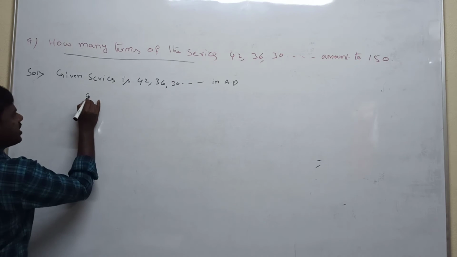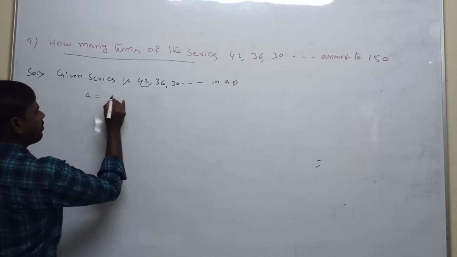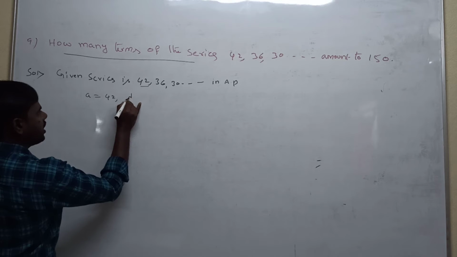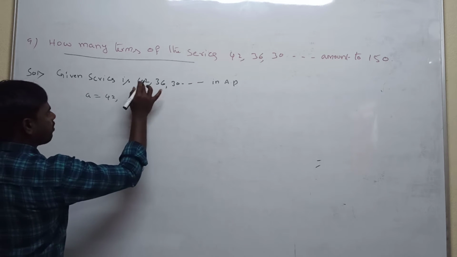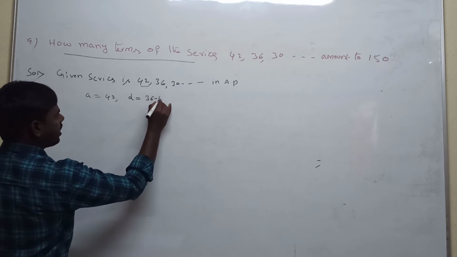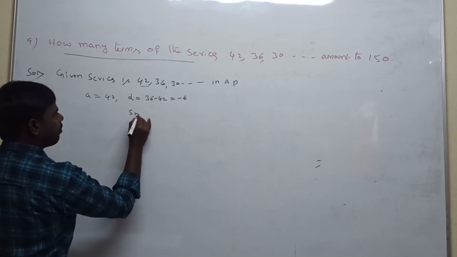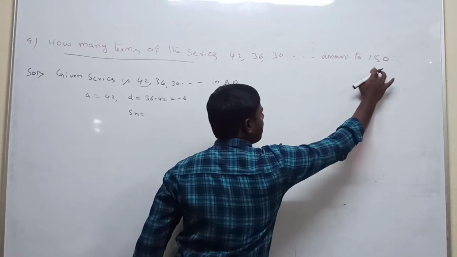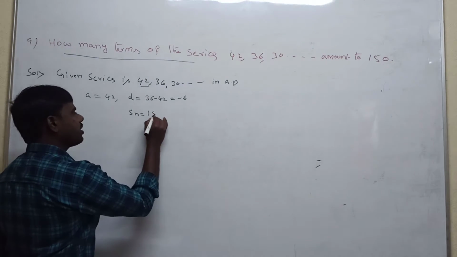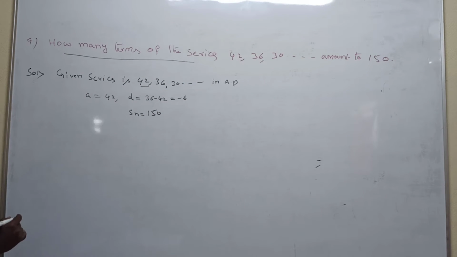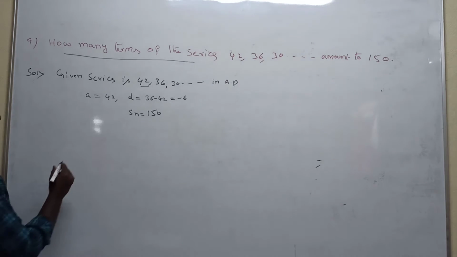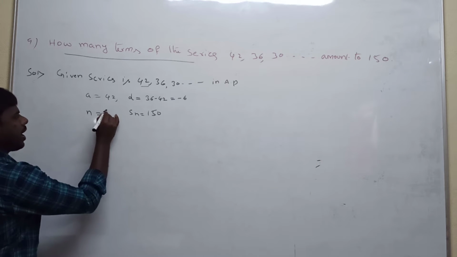Here a is called the first term. What is the first term here? 42. d is called the common difference, any term minus the term before it: 36 minus 42 is minus 6. To calculate the number of terms we need to find the n value.